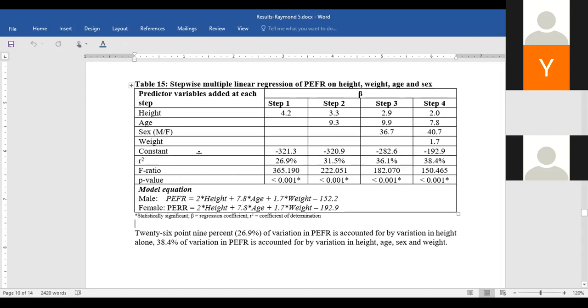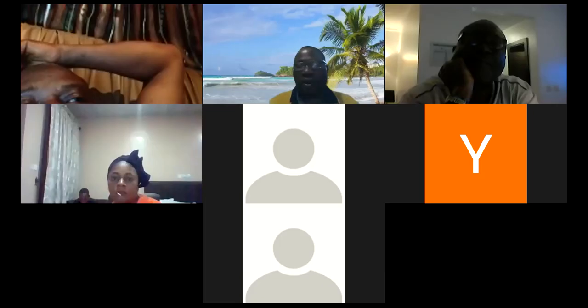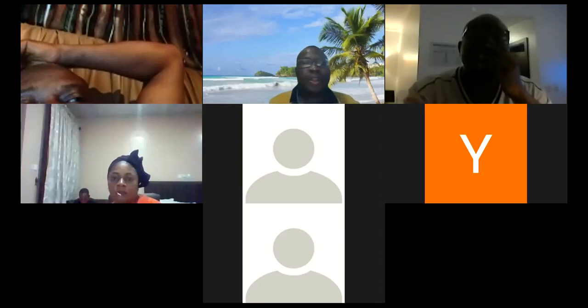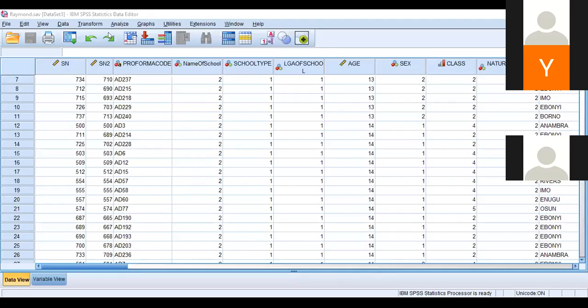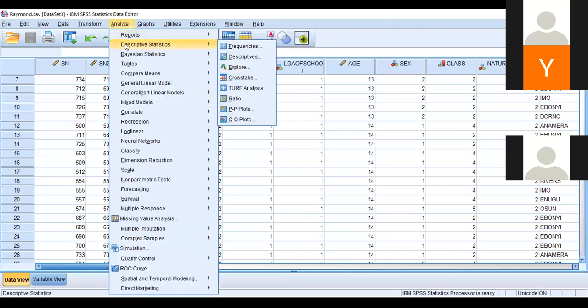So let's start with the outcome measure, then we start with height. It's still the same table. I shared this.